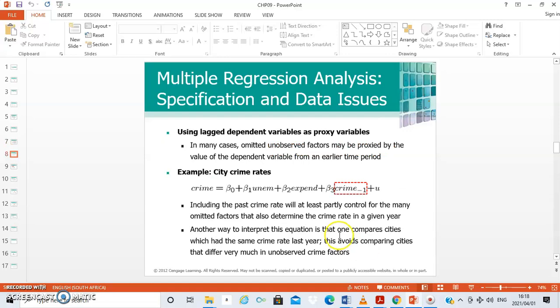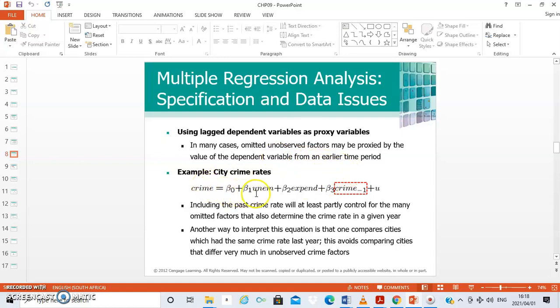And then of course another way that we can use a proxy is by using the lagged dependent variable. In other words, we take the dependent variable as one of the explanatory variables, but in this case it must be lagged. So if we want to represent an omitted or unobserved factor, we can use a lagged dependent variable.